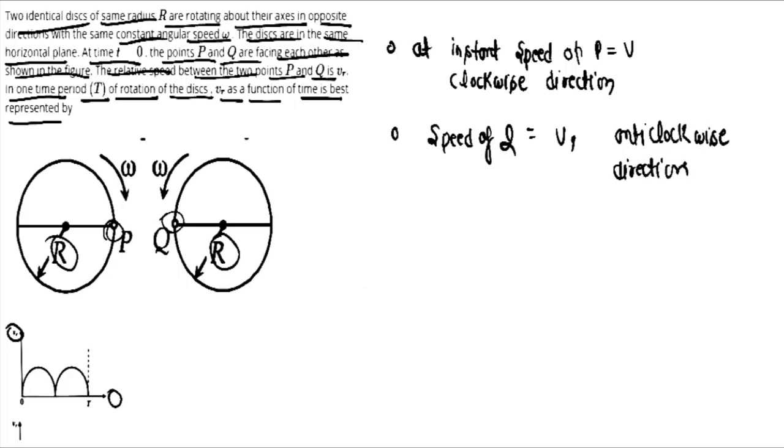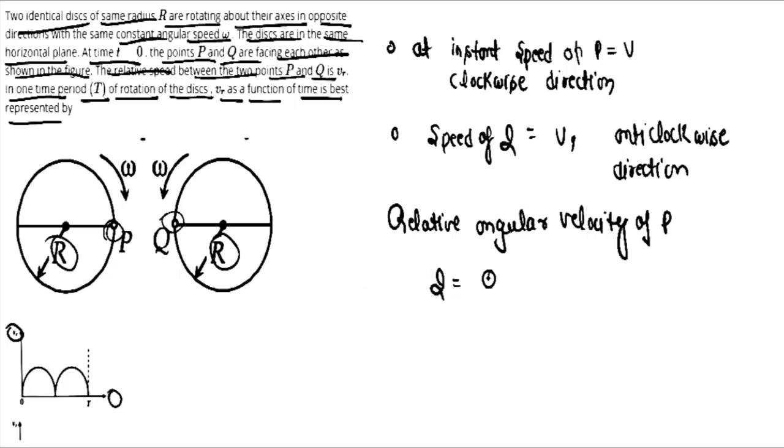So the relative angular velocity of P with respect to Q is omega minus minus omega, that is equal to 2 omega.